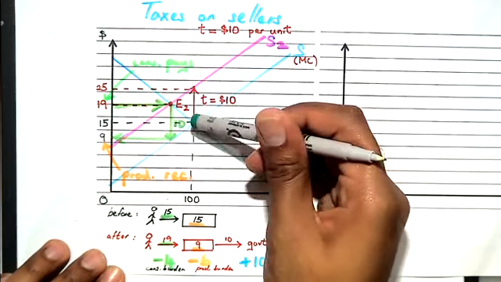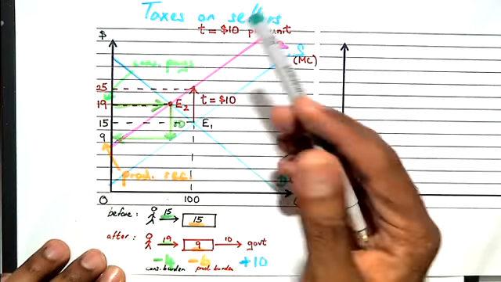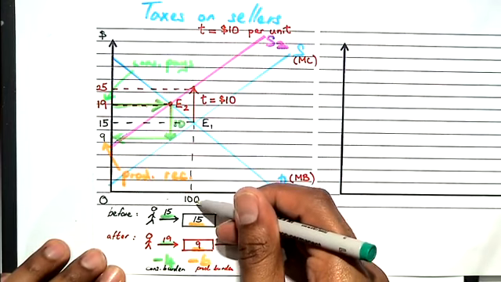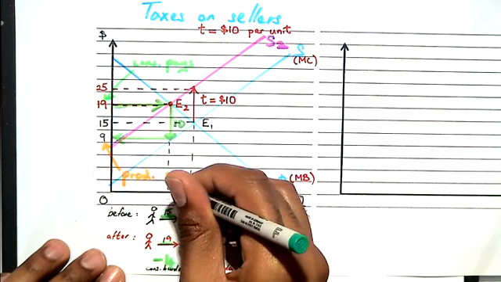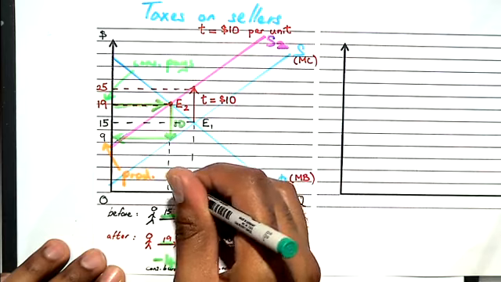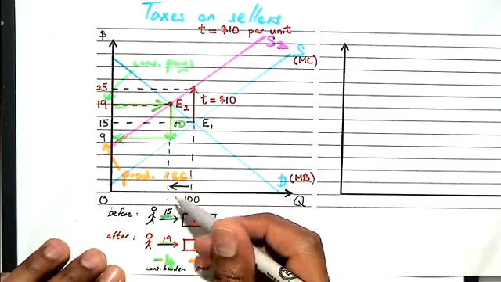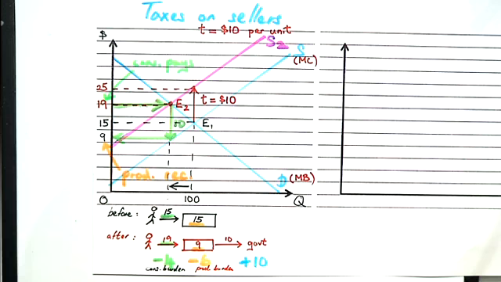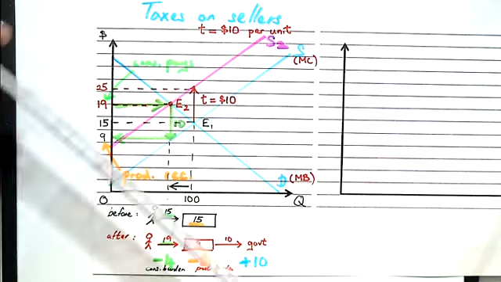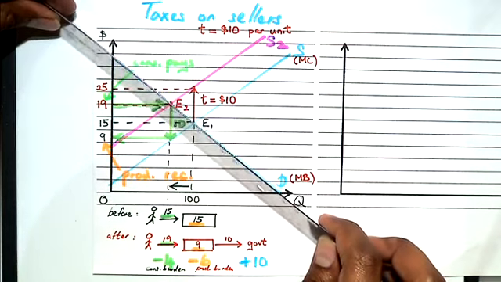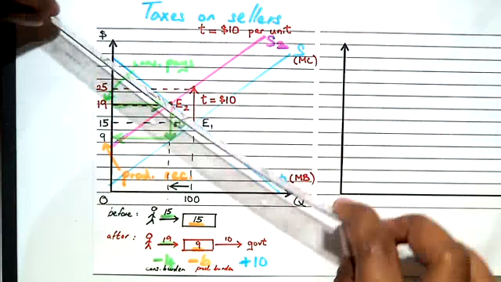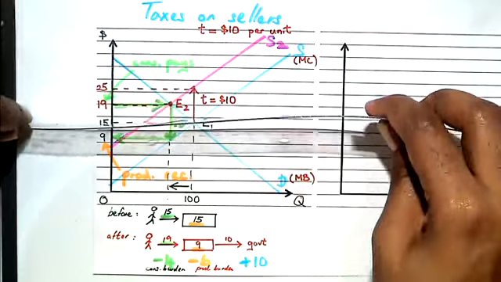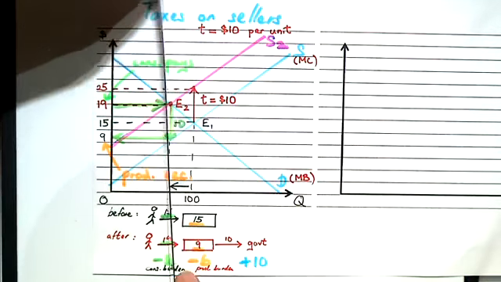You can't increase the price by the amount of the tax because the quantity will not remain at 100. When the price goes up, the quantity will go down. So you can't pass on all the tax to the consumer. You could pass all the tax to the consumer if the demand curve was vertical.